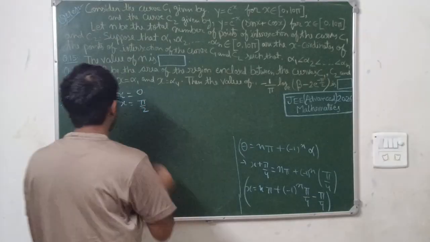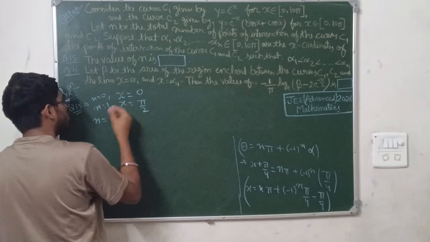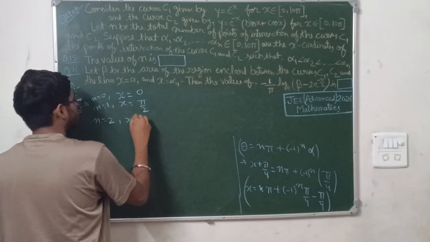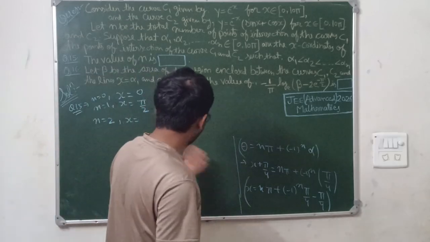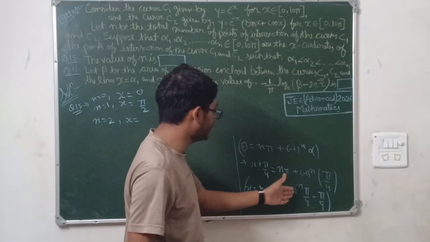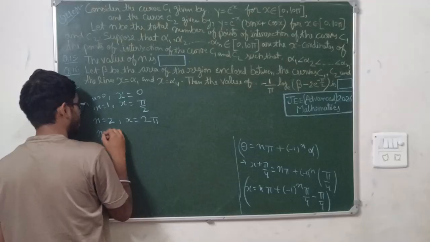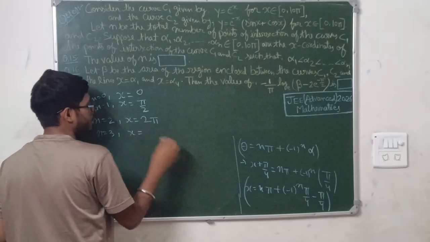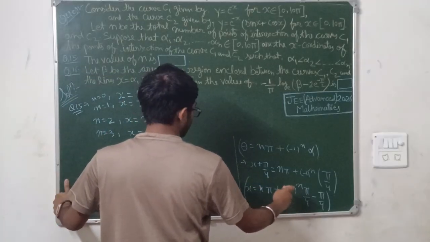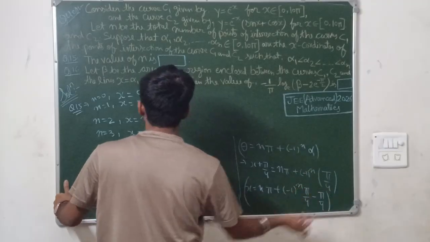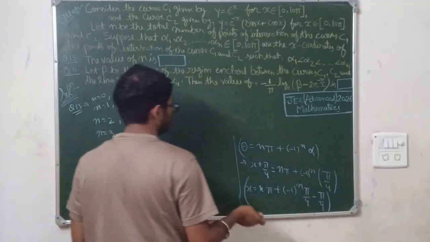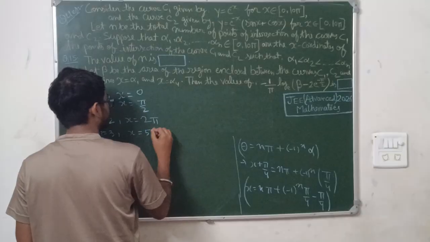Now n is equal to 2, x is equal to 2 pi. Now for n is equal to 3, it will be 3 pi minus pi by 2, which will become 5 pi by 2.